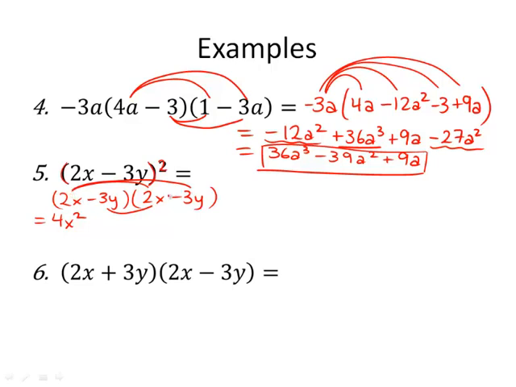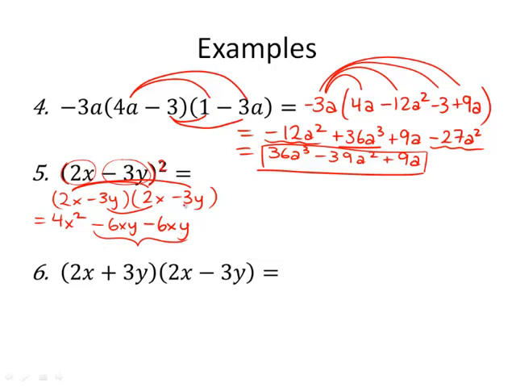2x times negative 3y is the same as negative 3y times 2x, which gives you negative 6xy, but then negative 6xy again. So notice if you multiplied 2x times negative 3y, that would be negative 6xy, and double that would give you negative 12xy, which is your middle term.